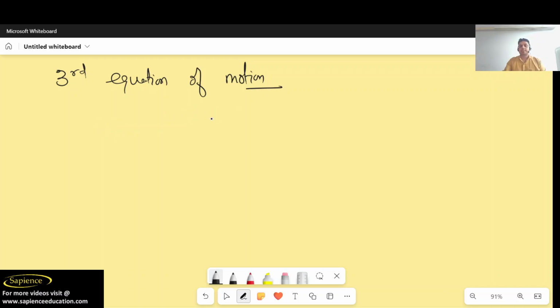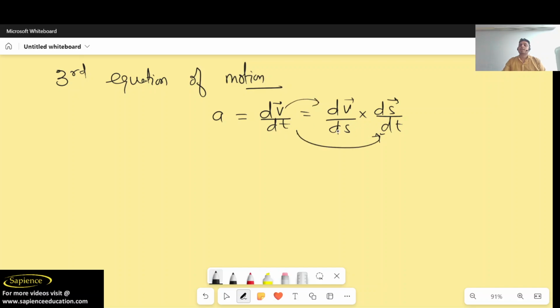As we know that acceleration equals dv by dt, can we write here dv by ds? Just multiply and divide by ds. See here, dt I have put here, dv I have put this, and ds gets cancelled. So you can write a equals dv by ds into ds by dt.